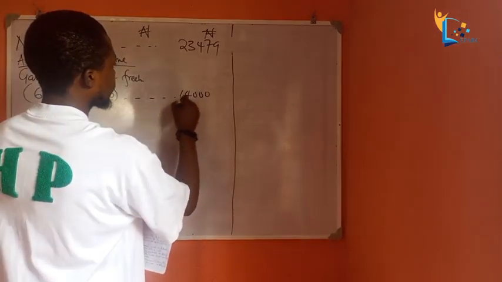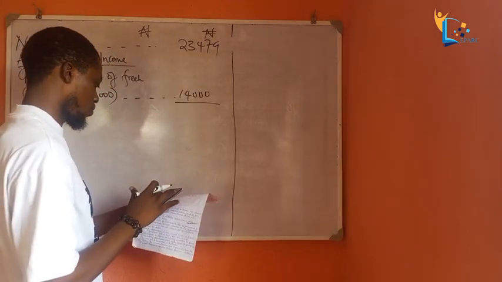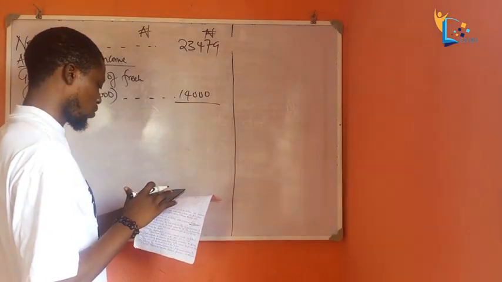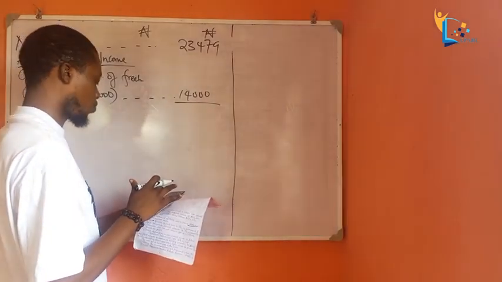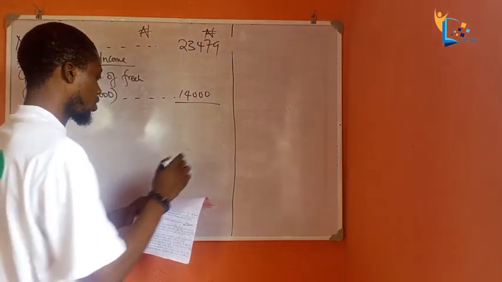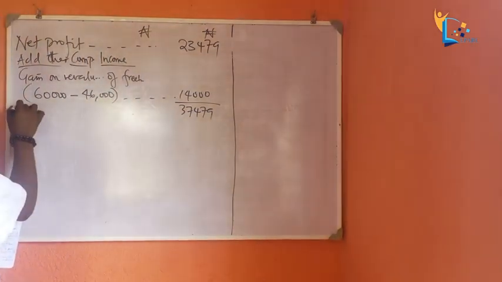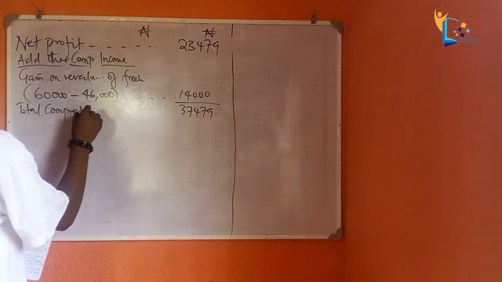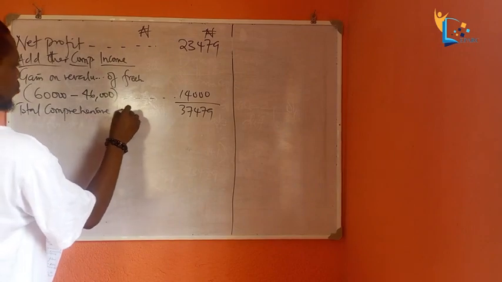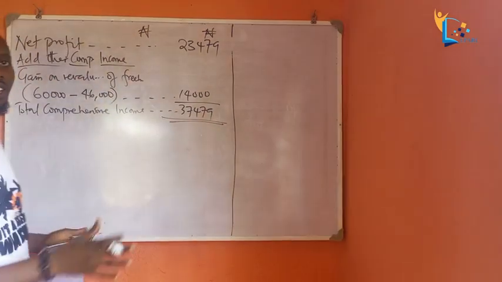When we add this to our net profit, 23,479, it will give us 37,479. So these are our total comprehensive income for the year.